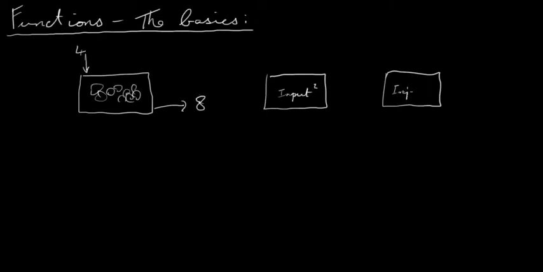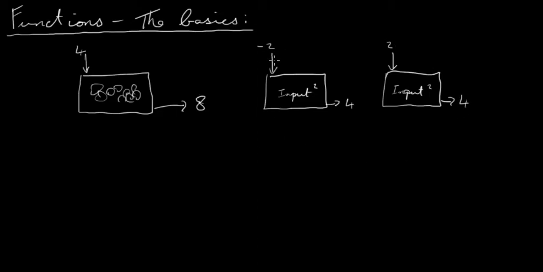So these functions just involve squaring whatever number we put in. Let's say here we put in -2, and here we put in 2. Well, what output will we get? If you square -2, you'll get 4. If you square 2, you'll also get 4.